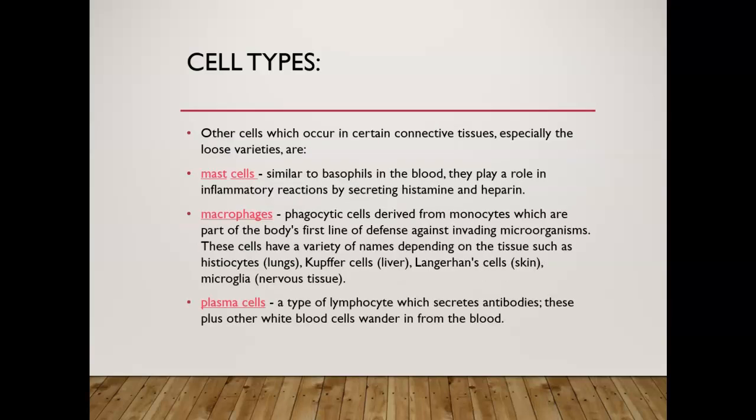Some other cells found in this connective tissue line are the mast cells. Mast cells are found in your dermis and in your epidermis, and they are specialized cells that respond to attack by releasing histamine and heparin.